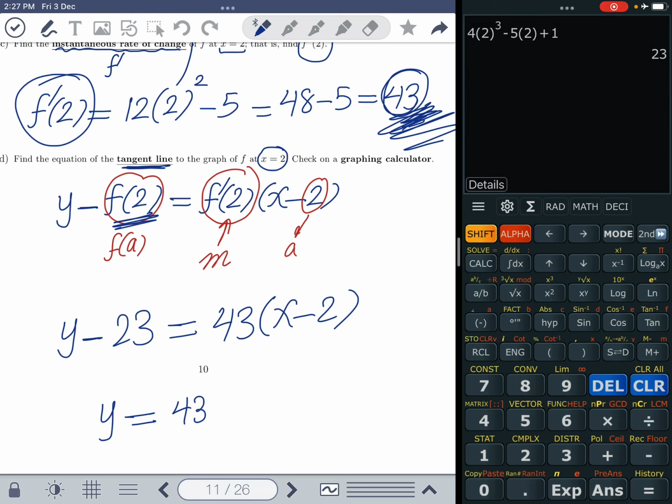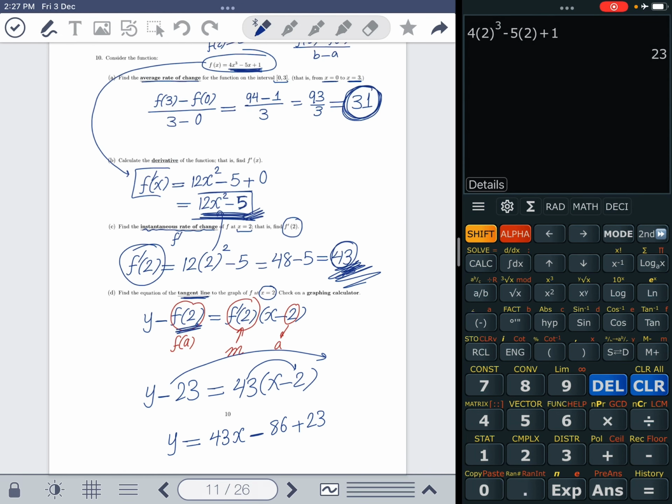So this will be 43x minus 43 times 2 is 86. And this one, when it comes to this side, it will be plus 23. So minus 86 plus 23, it will be 43x minus, that will be what, 53? 53 or 63? I think 63. 63, yeah. If you get 23 minus 86, negative 63.